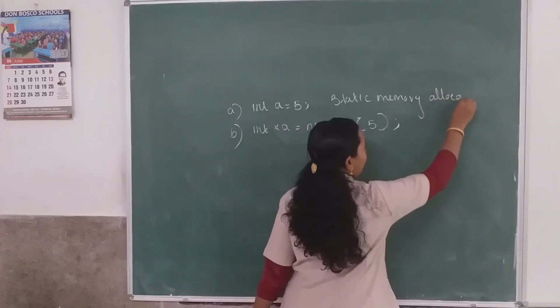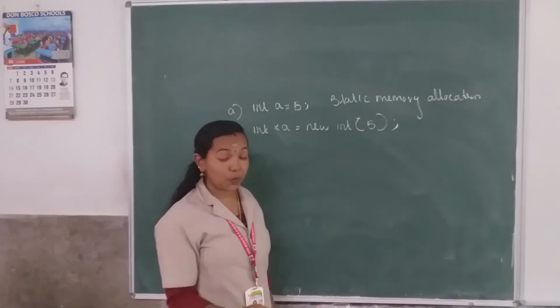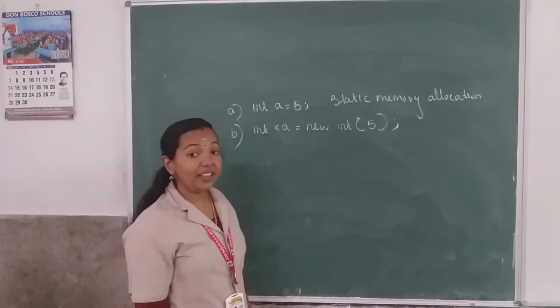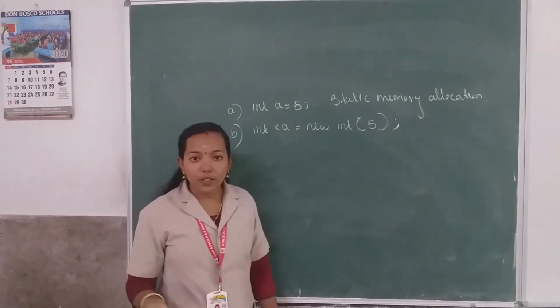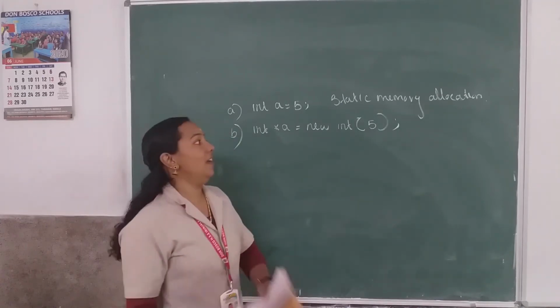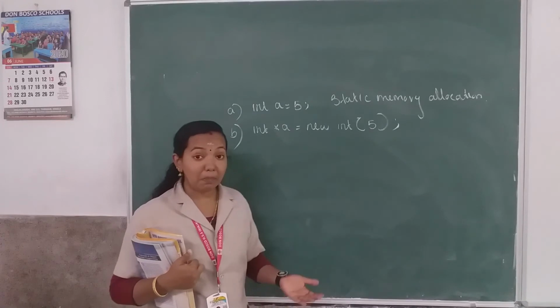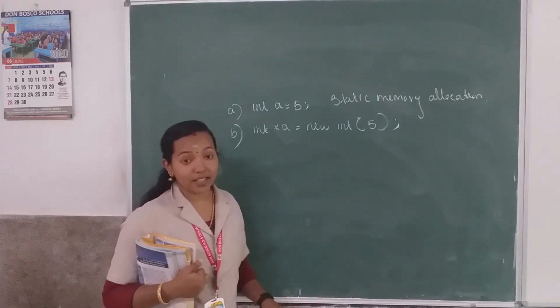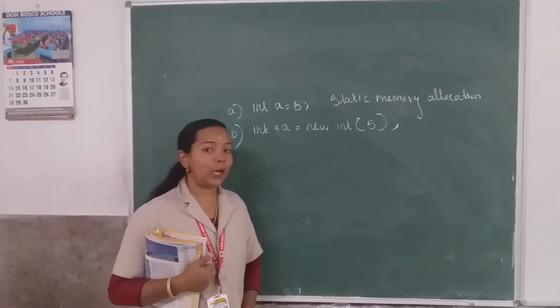We already studied in plus one itself how the variable is initialized. If we write int a equal to 0, during the compilation, after the compilation, the compiler allocates memory with the help of the operating system. So this statement indicates static memory allocation.